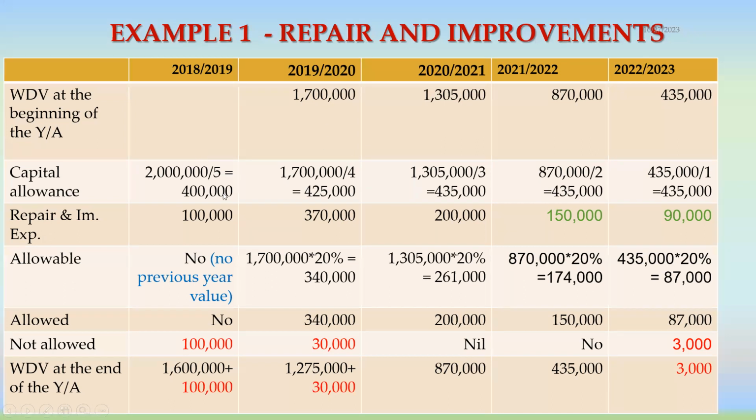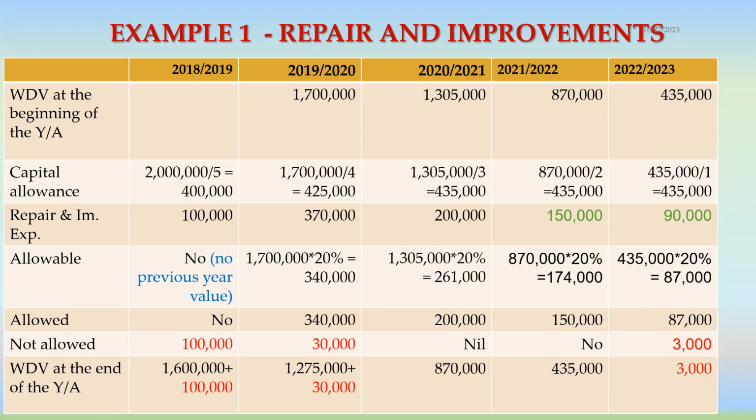We have 5 years to depreciate this 2 million, so we divide it by 4 years. The depreciation portion for the year of assessment 1920 is 405,000. Now we are going to check whether the repair expenses of 370,000 are allowable as a deduction or not.